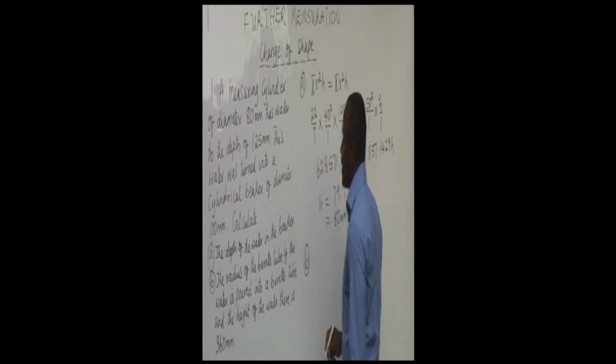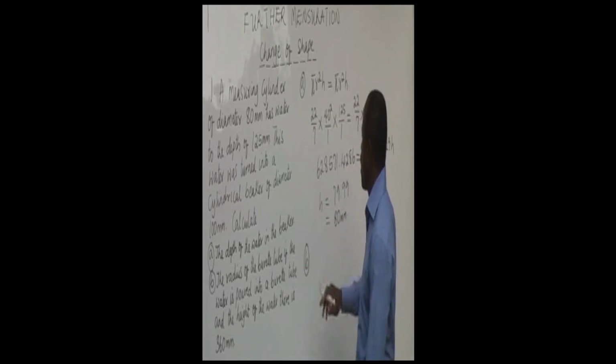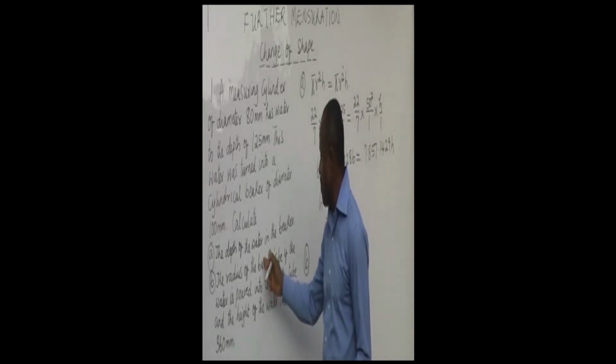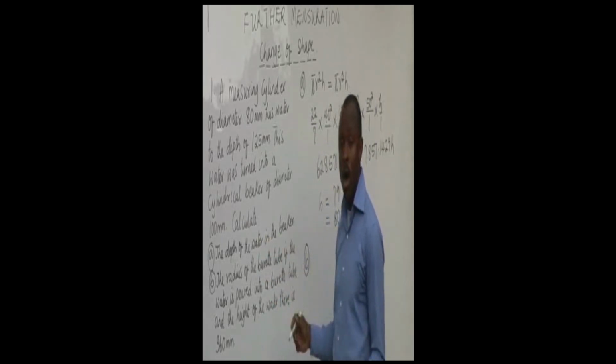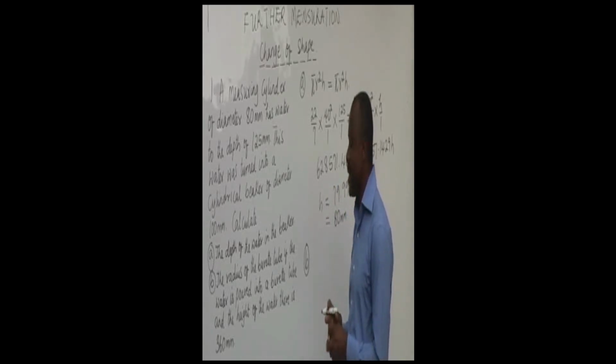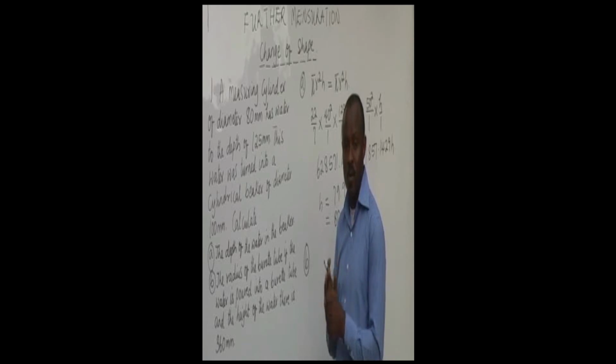Question number B is synonymous to question number A, because both the burette and the beaker are cylindrical objects, and the formula for finding their volumes is the same.